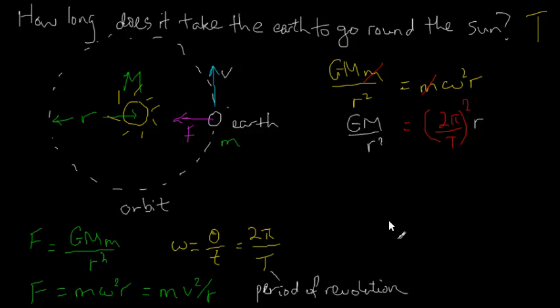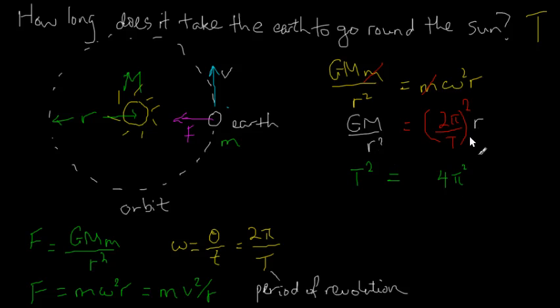Okay, now let me try and solve for the period, the T. So I can bring the T squared over to the left, and then on the right side, I'll simplify. The square of 2 pi will be 4 pi squared.